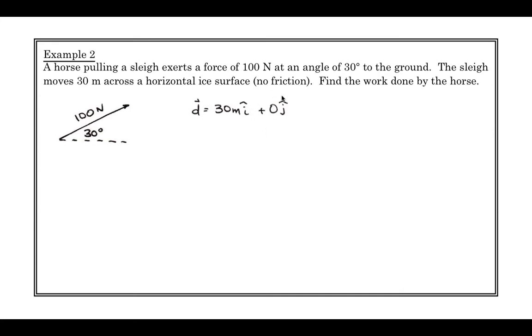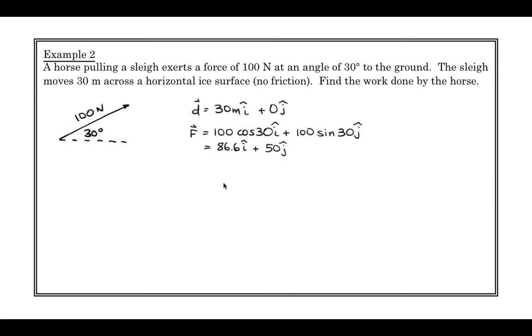There is no displacement in the j hat direction. So one way I can think about this is, my force, if I resolve it, is 100 cos 30 in the i hat direction, plus 100 sin 30 in the j hat direction.